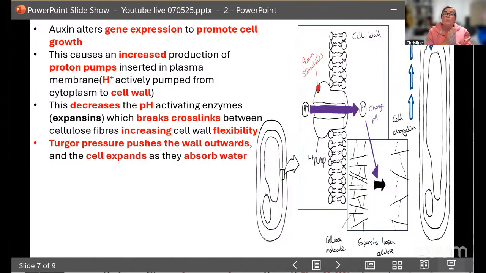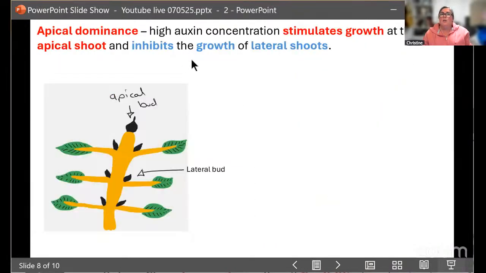The auxin is going to promote the cell growing by allowing more water in, by making the cell wall more flexible. So how does that link to apical dominance? Well, what you should know is it's all to do with concentration. If you have high auxin concentration, that is going to stimulate the growth at the apical shoot.